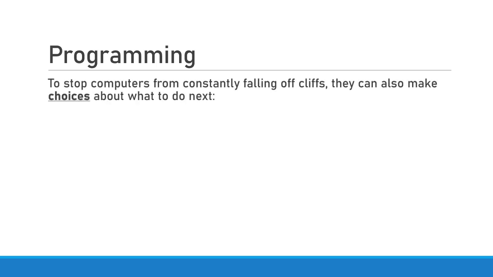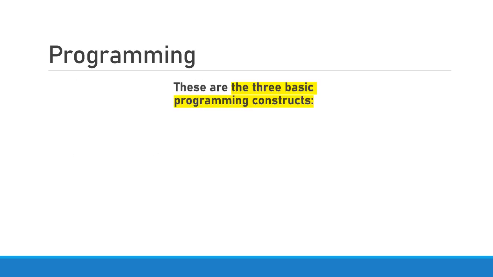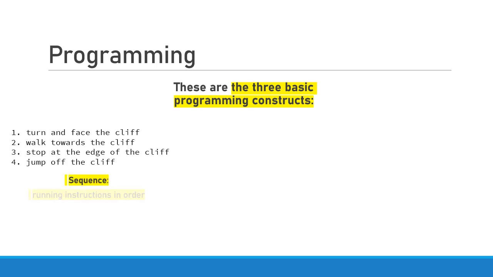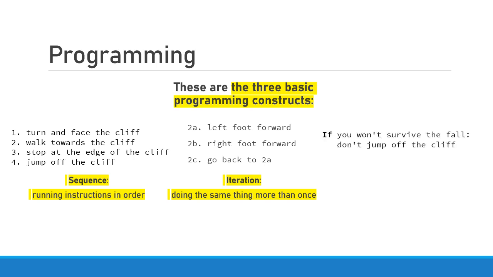But we can also get them to make their own choices. All three of these put together are the three programming constructs. Doing things in sequence, which is running instructions one at a time and in order. Iteration, which is where we're repeating lines of code. And selection, which is where we are making choices.